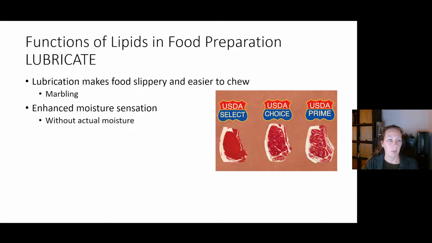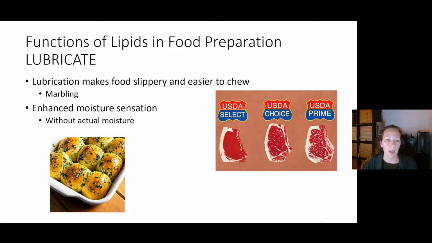Okay. The other thing about lubrication is that it gives you an enhanced moisture sensation without actually adding moisture. Like these rolls, they look like they've been drenched in butter. Or I have a ham and cheese slider recipe that is basically drenched in butter. And so it's so moist and juicy, it's so good, right?